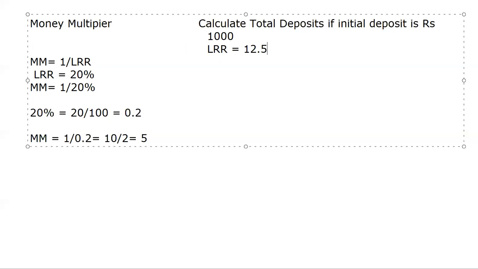So we have to find out the value of total deposits now.